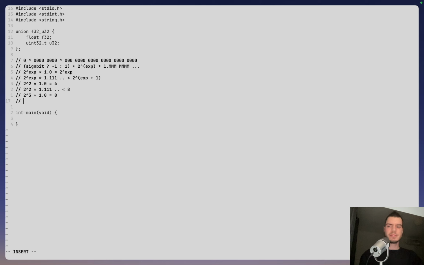All right. How does this work for negative exponents? Let's say we have 2 to the power of -2, and our mantissa is all zeros. Again, our sign bit is not set. 2 to the power of -2 is the same as 1 divided by 2 to the power of 2.